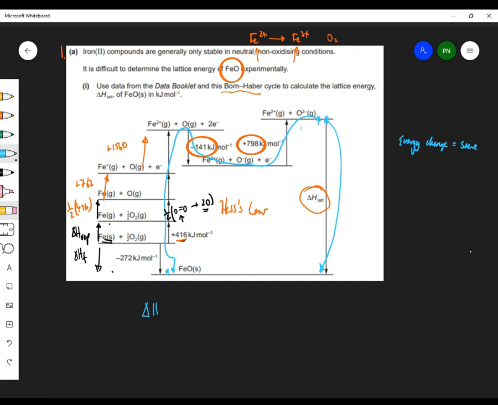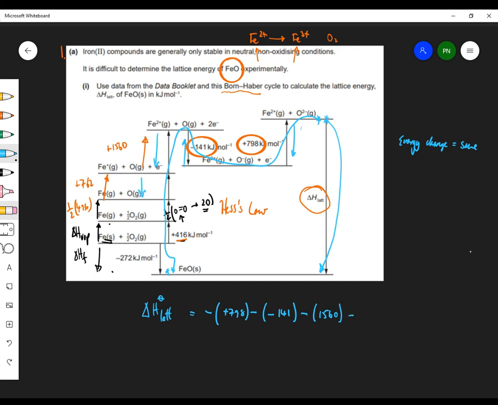So delta H lattice energy must equal the reverse. We're going this way, so it's minus plus 798. We're going the reverse here, so let me put an arrow there. It's minus 141. Down here now, this is minus 1560. We're going down here, there's the arrow.